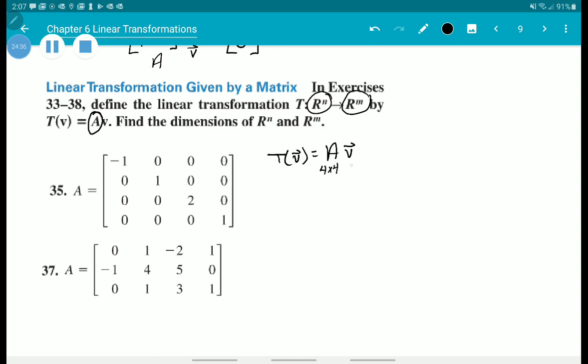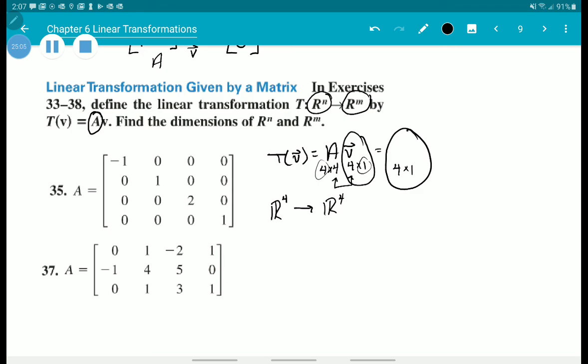For this to be defined, then V has to be a 4 by 1. And when we multiply, we will end up with a 4 by 1 matrix. So we are starting in R4, and we are going to R4. Because this guy's where we're starting, this is where we're heading.